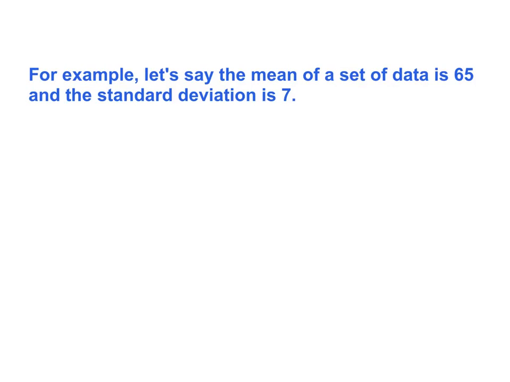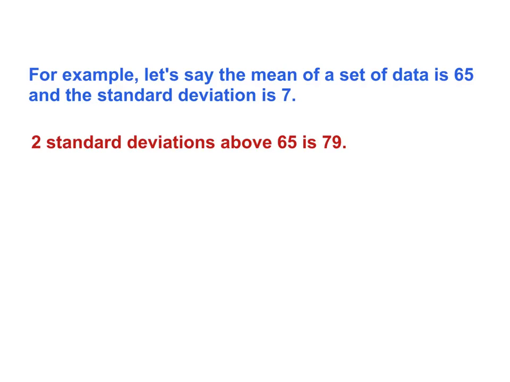Let's say we have a set of data where the mean is 65 and the standard deviation is 7. Okay? These are some of the problems that you worked on yesterday. We found the mean, we plugged that all in the calculator and found the standard deviation. Okay? Here's what this means. 2 standard deviations above 65 is 79.